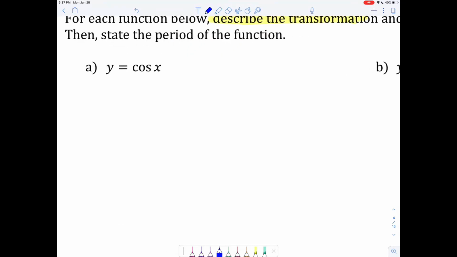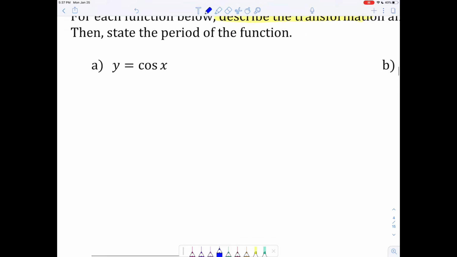So this first one doesn't have any transformations, just a basis here. We know that the period, and we can use a big old capital P for that, we can say that the period is 2 pi. And that's the period of all of our base sine and cosine functions.